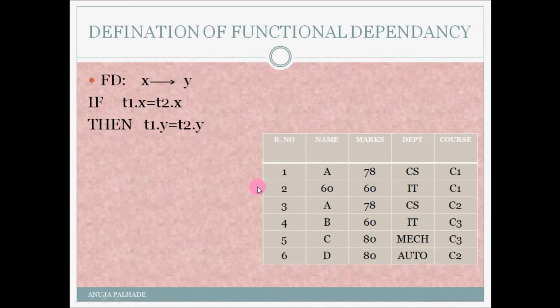If we say functional dependency X determines Y, then if two tuples of the relation match on the same attributes X, the dependent attributes Y of those two tuples must also match. So this is the definition of functional dependency, which I am reminding all of you.